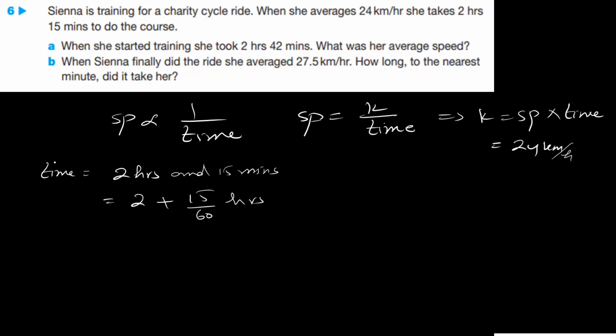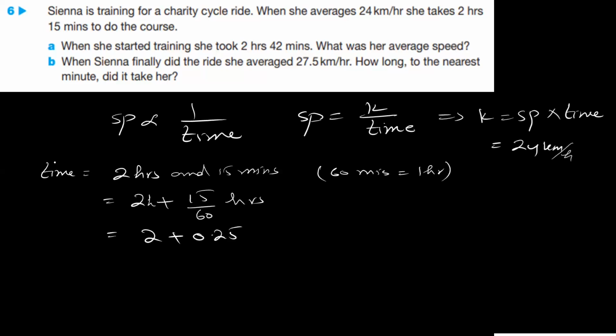As you know, 1 hour contains how many minutes? 60 minutes are equal to 1 hour. So we divide this 15 minutes by 60, so that fraction becomes hours. So we can say 2 plus 15 upon 60 is 0.25.